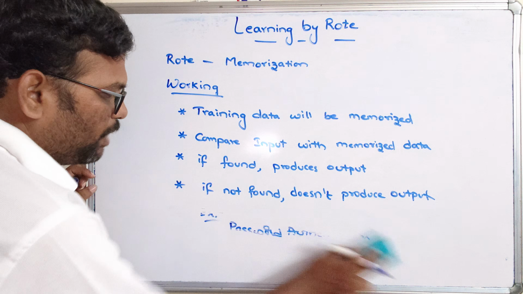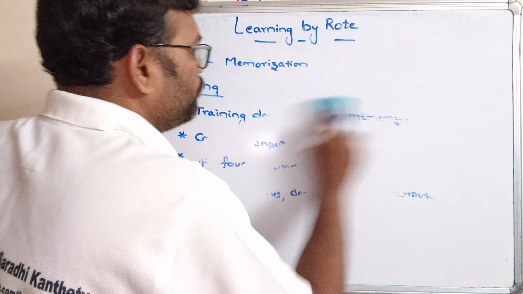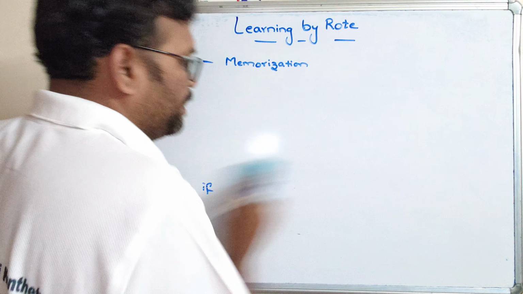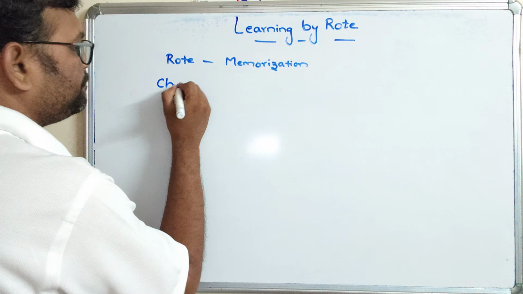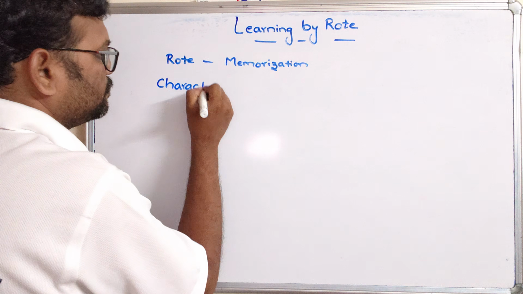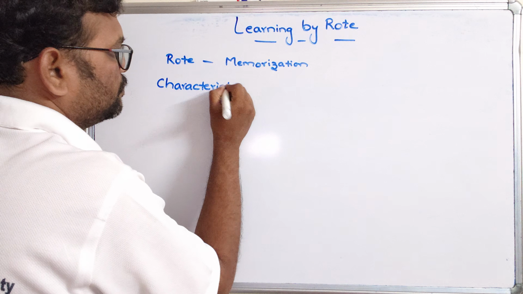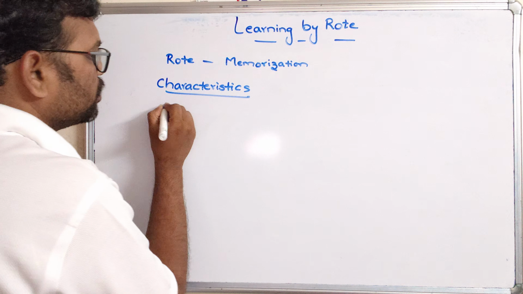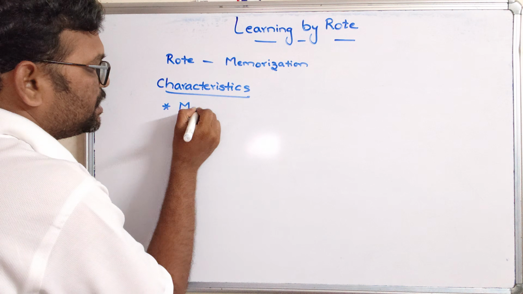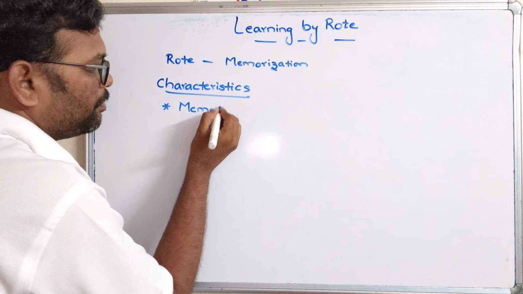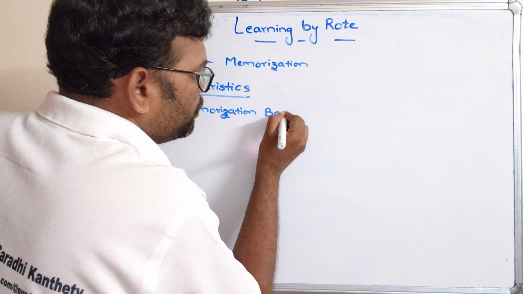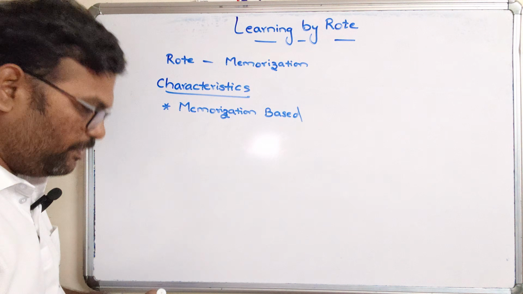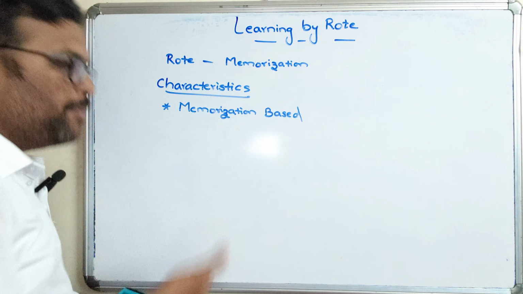Now, what are the characteristics of this learning method? This is a very simple method. The first one is memorization based. As we discussed, it directly depends upon the memory.